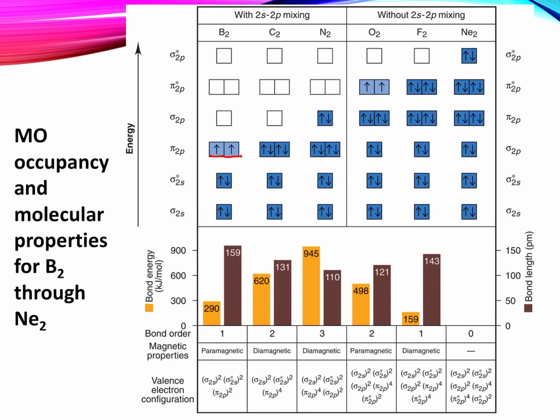And then sigma 2p, and then pi star, again we're going to have 2 lines, and then sigma star. And then again, these get flipped over here. So the things that are different are these. For boron, carbon, and nitrogen, we go pi and then sigma. For oxygen, fluorine, and neon, we go sigma and then pi.